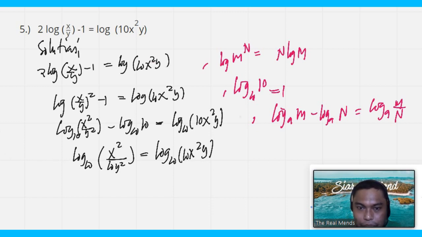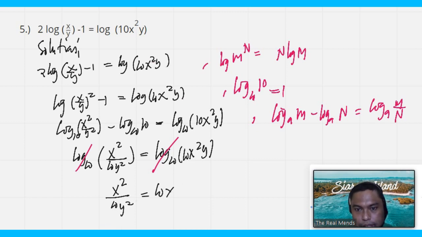Both sides have a common base of 10, so therefore cancellation takes place. So the remaining equation will be this one: x squared over 10 y squared is just equal to 10x squared y.